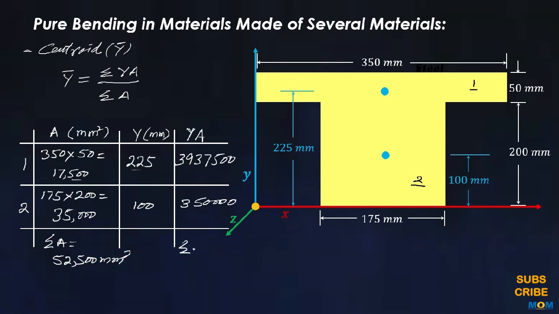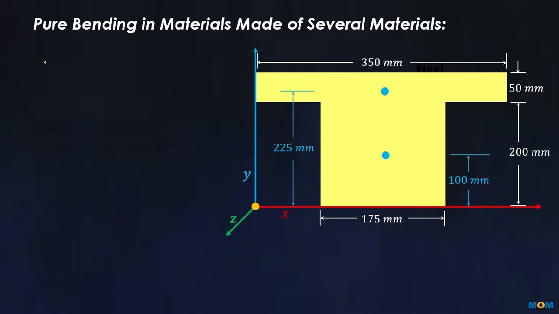The summation of the product of individual moduli with the area is 7437,500 millimeter cube. Now this term is in millimeter cube.